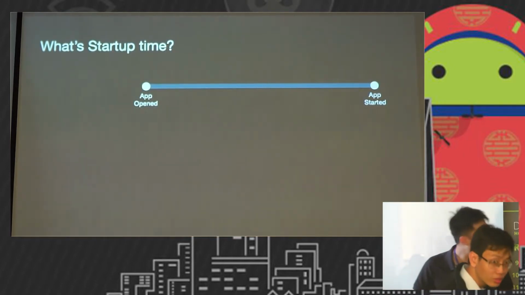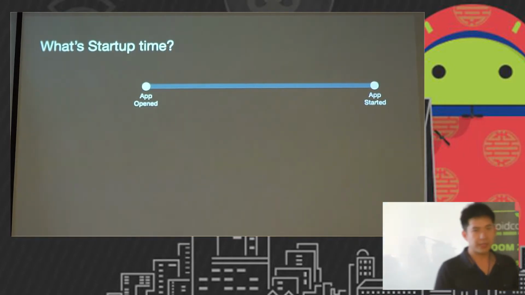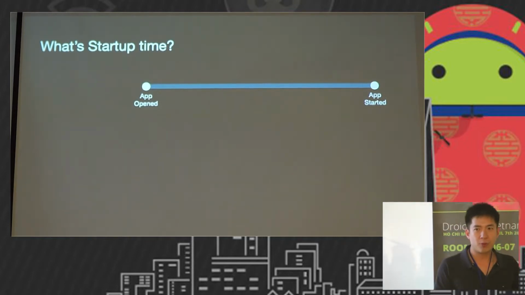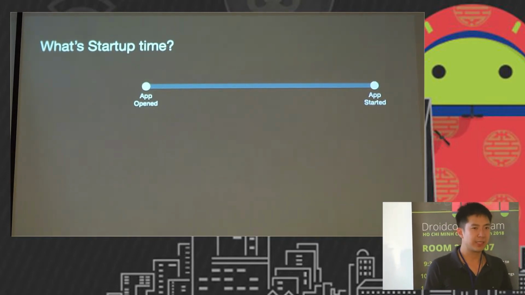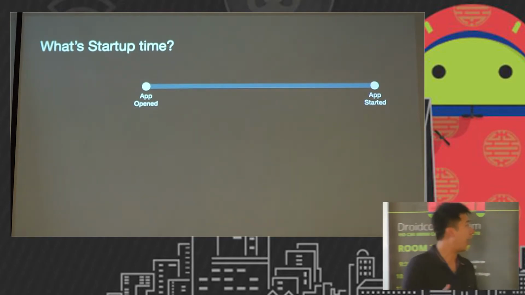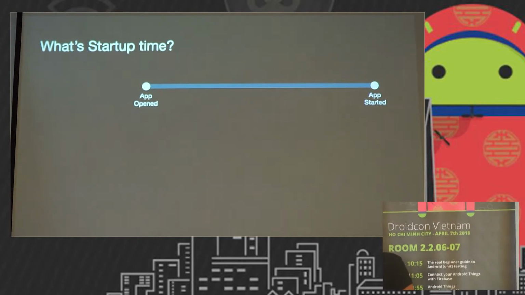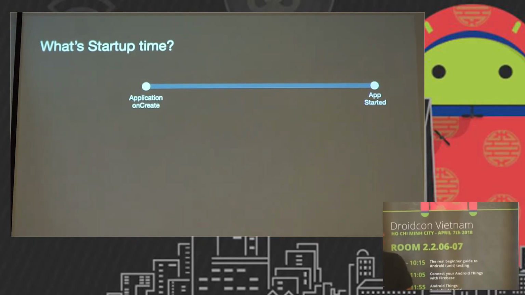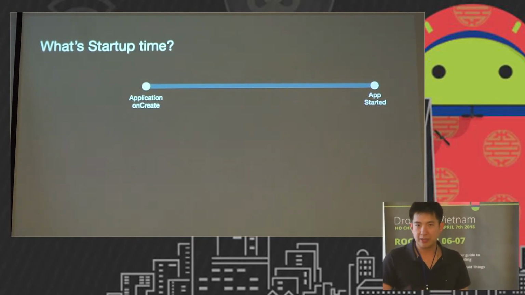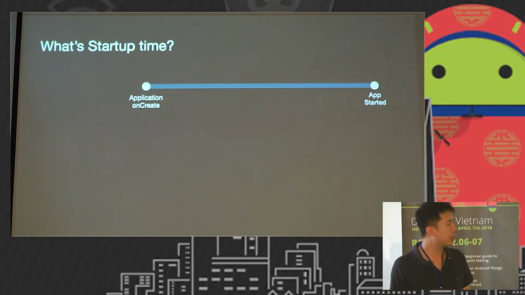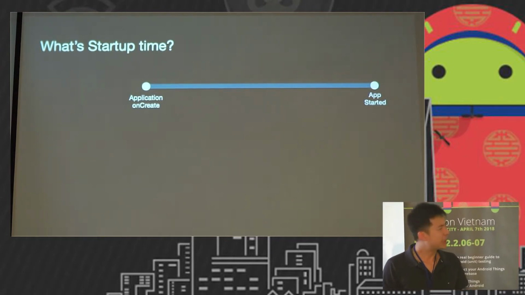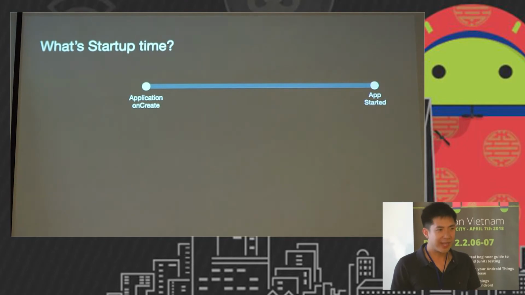Okay, so let's see how we can define startup performance. At a high level, it's quite easy. It's basically the time from when you open the app to when the app is started. So you would say, okay, when you open the app, it's basically Application onCreate, the very first line of code that executes. But then what counts as application started is slightly trickier. There are multiple different definitions for that.